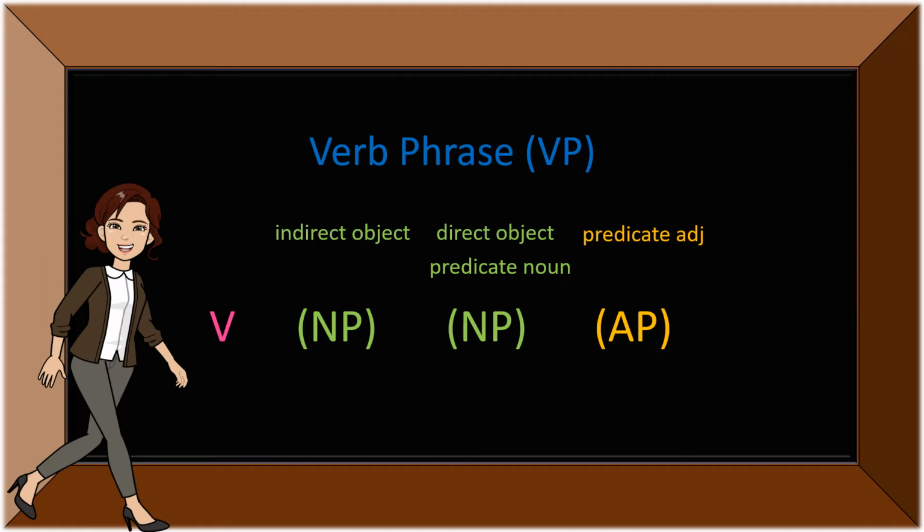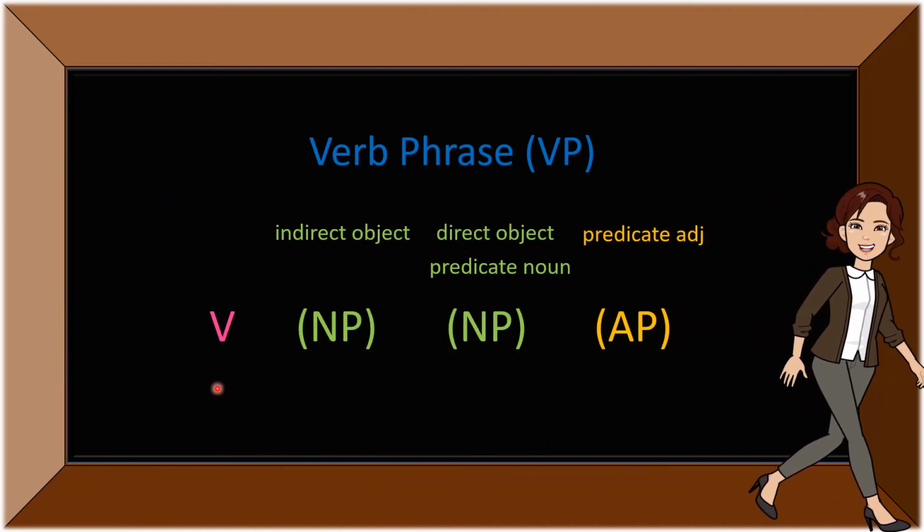Verb phrase, VP. Now, a verb phrase, you must have a verb. And in every sentence in English, you must have a verb. Verbs are not optional. Now, this verb is going to dictate what comes behind it. So we know transitive verbs are going to have a direct object. We also know intransitive verbs are going to have nothing behind it.